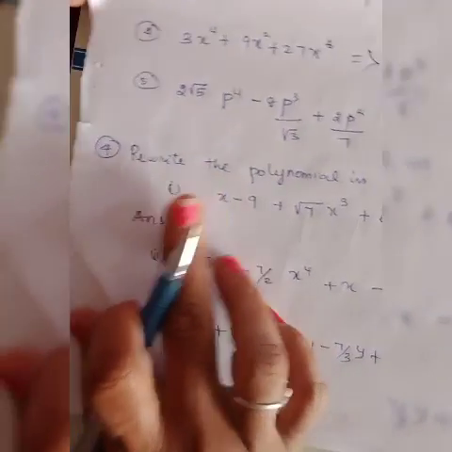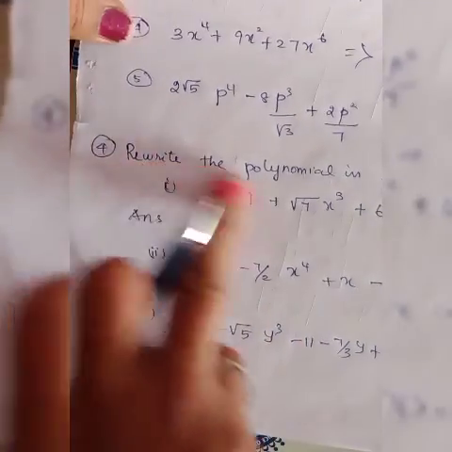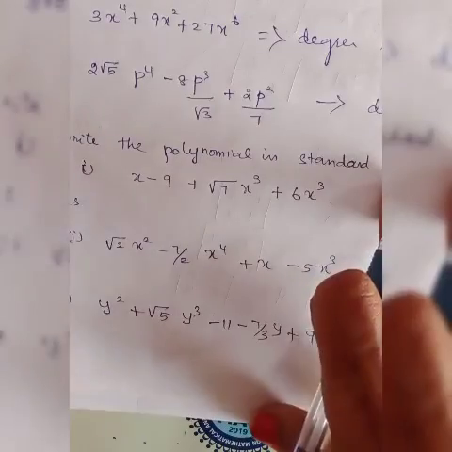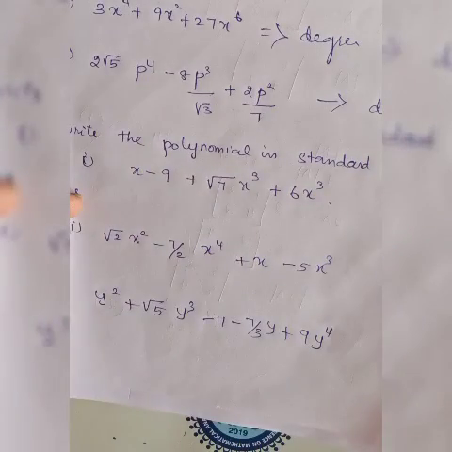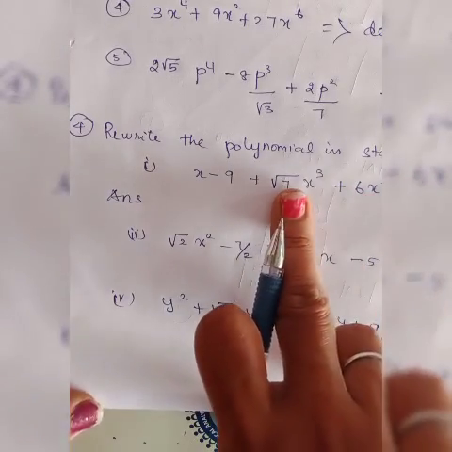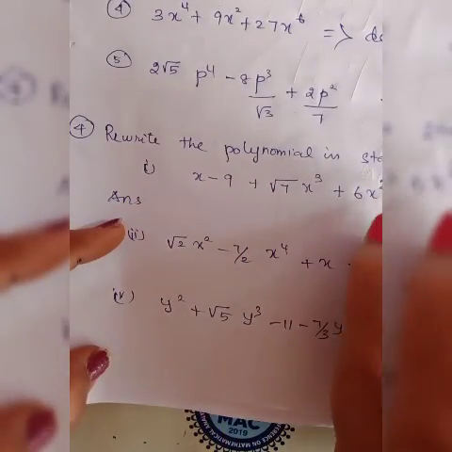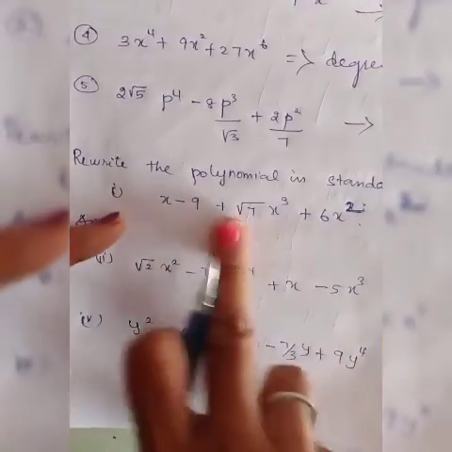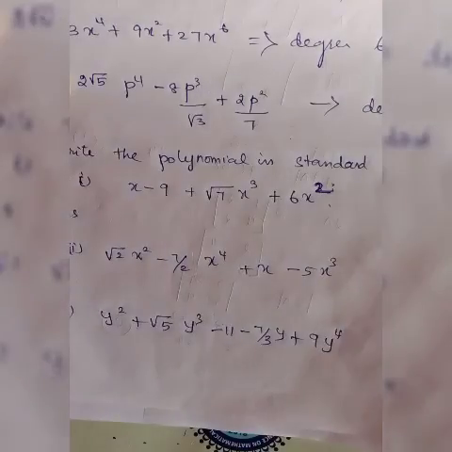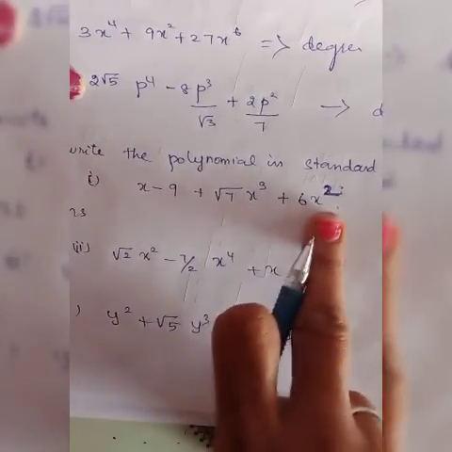Okay, next problem. We are going to rewrite the polynomial in standard form. Standard form means the powers should be in descending order. First we should write the highest power first. Sorry, the question is 6x square. We should write from the greatest power down to the final term, which must be the constant.